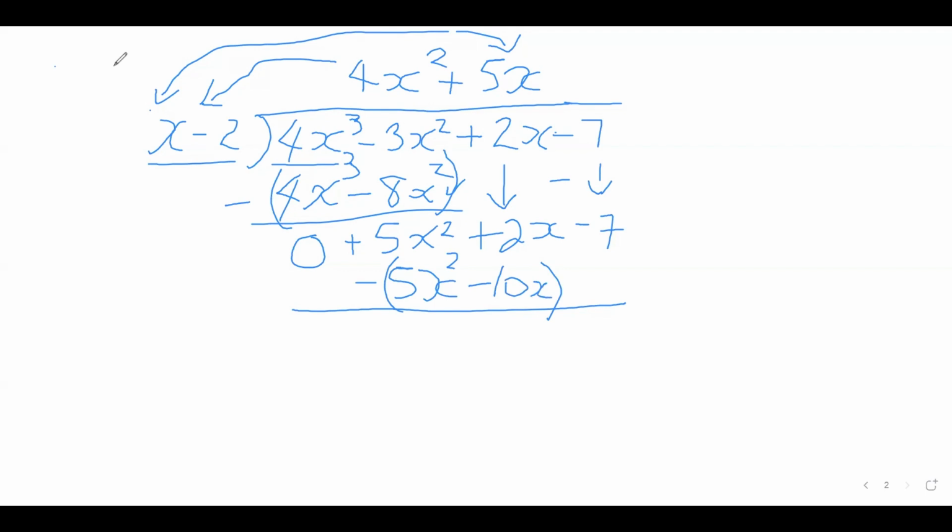Now we're going to subtract. So this would be 0. And this will become 10 plus 2 because the negative on the outside here with the negative on the inside makes it a positive. So we're basically going to have 12x. And we're going to bring down the 7, -7.